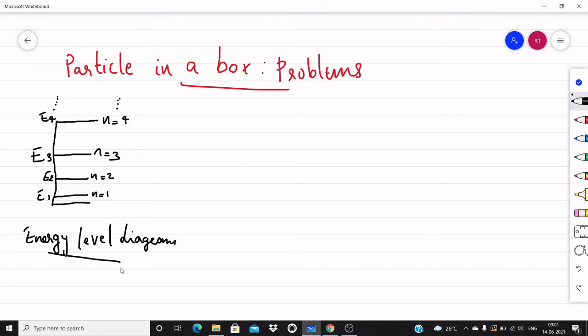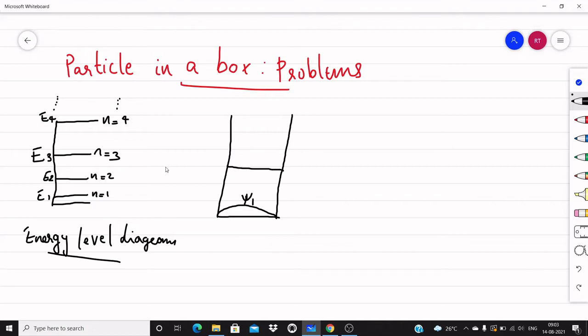Now let me plot how the wave function looks. The wave function corresponding to the ground state will look like this. I'll call it psi 1 when n is equal to 1, and for psi 2, let me draw it here.